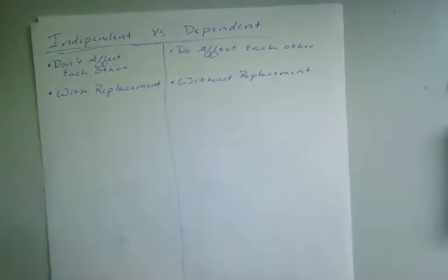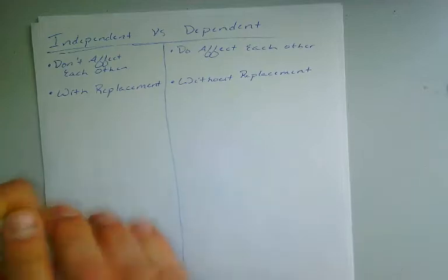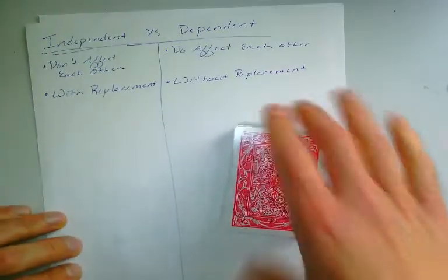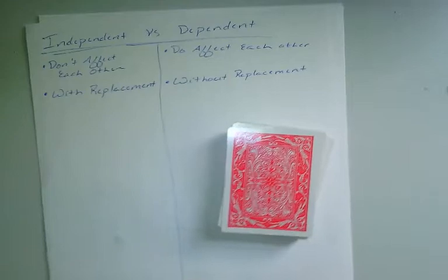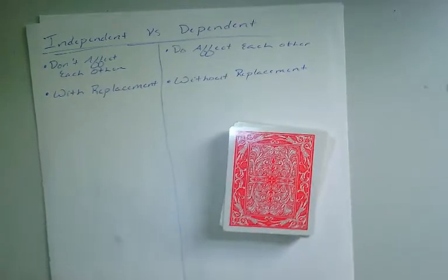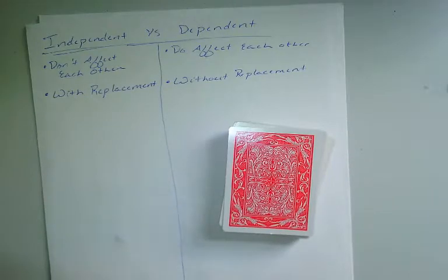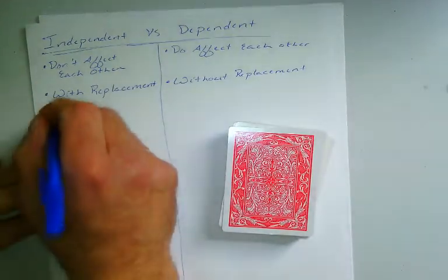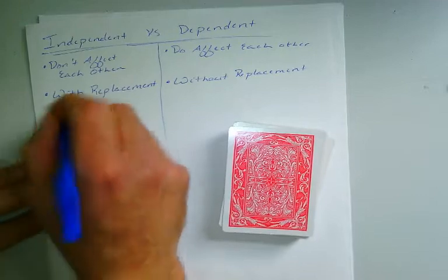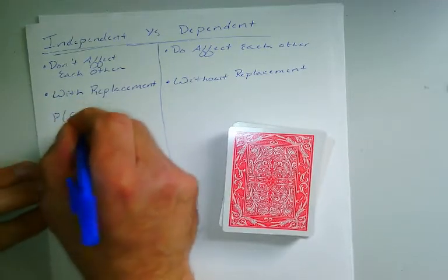Now what I mean by that, let's go back to our deck of cards. This is the easiest way to do it. I've got our 52 cards here. Let's say I'm doing independent probability, and I want to know the probability of getting an 8 and then a 10.